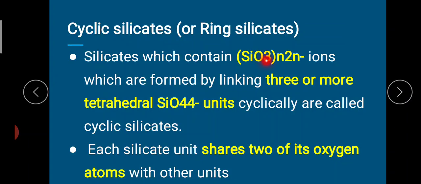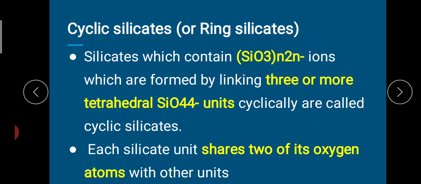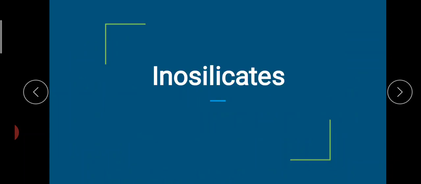So we write n here, and for the 2n minus charge you calculate: here one charge on the silicon at the back, and here one oxygen, and these two oxygens, since they are shared, will not carry any charge, so you put it as 2n minus. The example we saw was beryl.